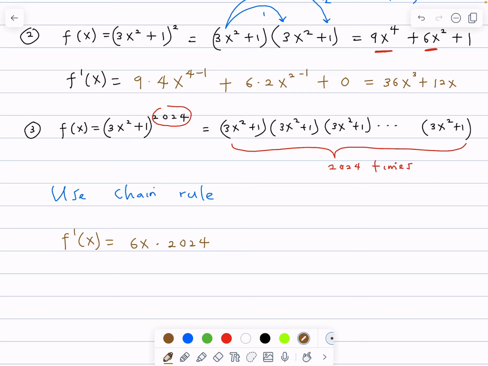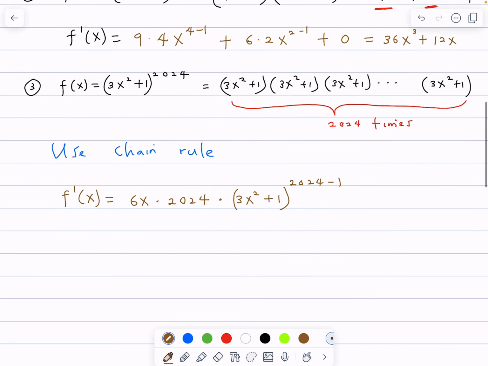The third step is I write exactly what is inside there: 3x squared plus 1. And the fourth step is I subtract 1 from the power, so the power of 3x squared plus 1 becomes 2024 minus 1.